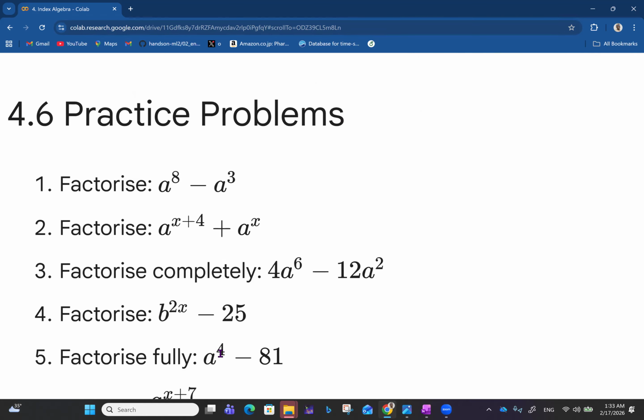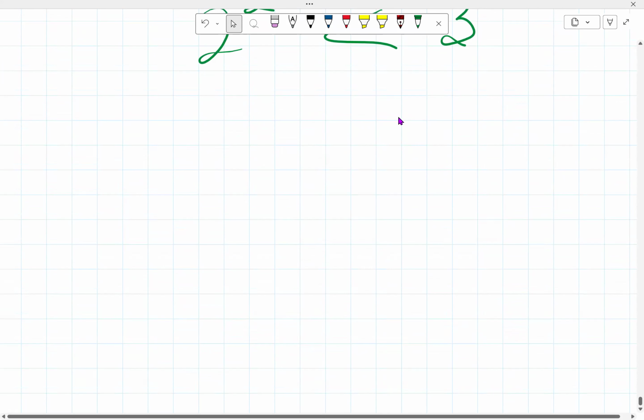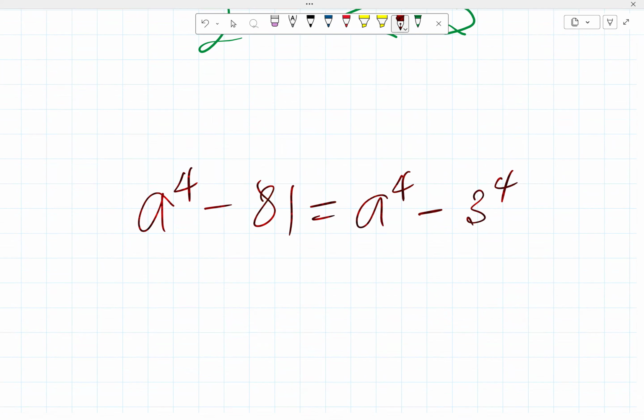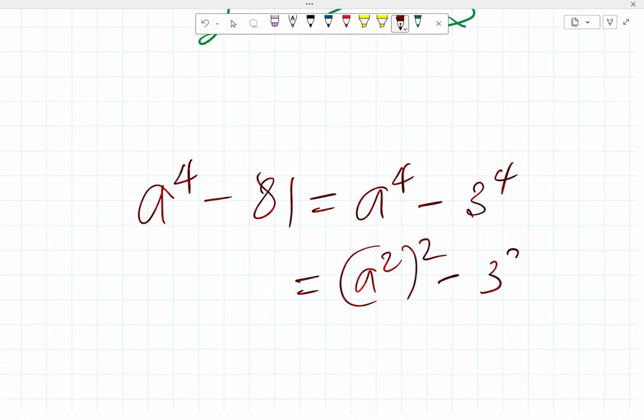Then factorize fully a raised to power 4 minus 81. Okay, I think this is going to be a sweet ride. It's not just one step. So you have a raised to power 4 minus 3 raised to power 4. That's a squared, squared, minus 3 squared, squared.